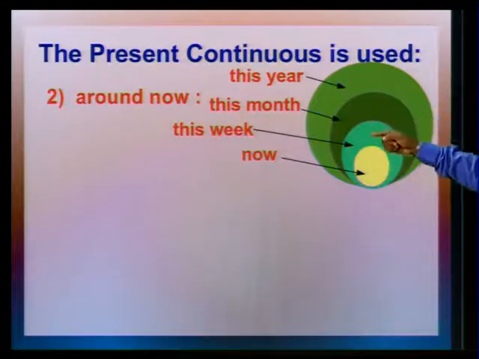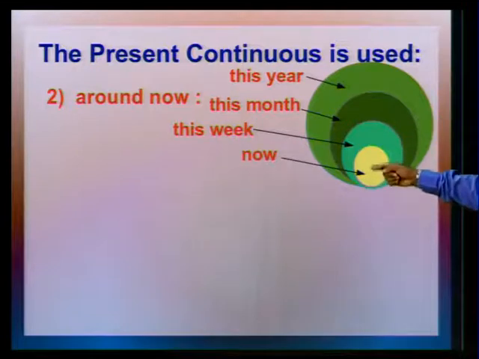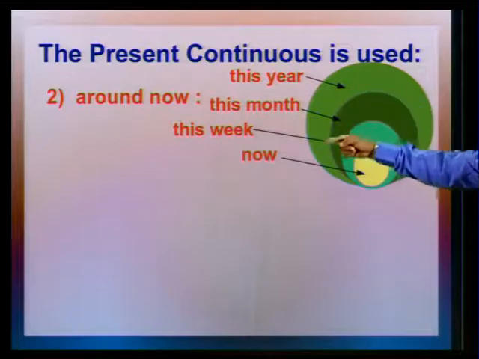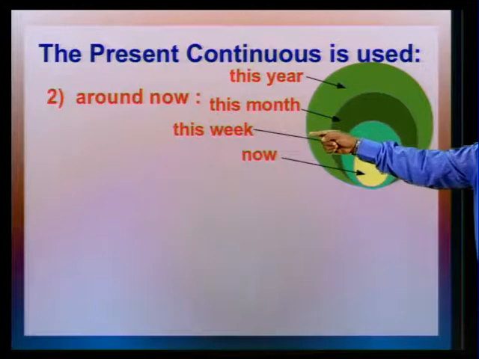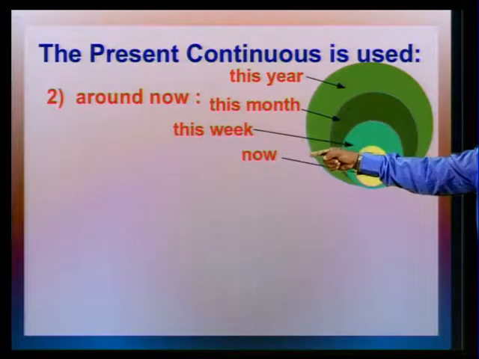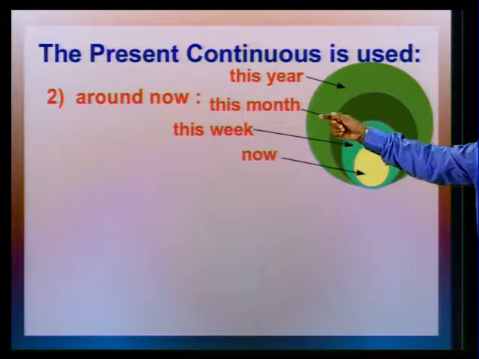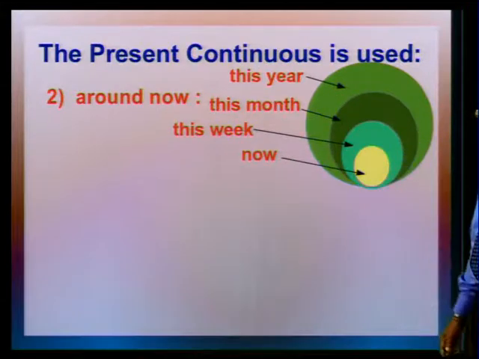All these times are around now. Clear? Right. So when you use these words in sentences, you have to use present continuous.